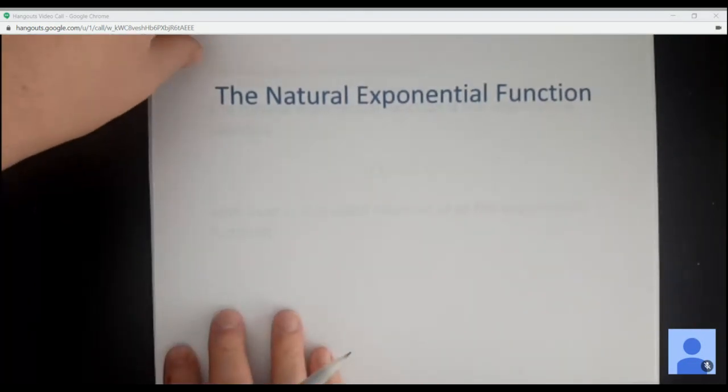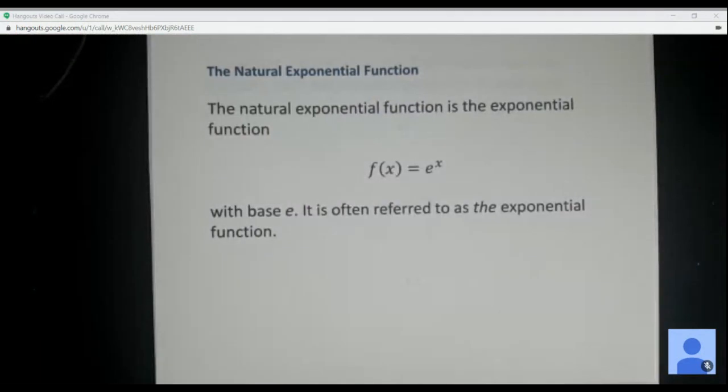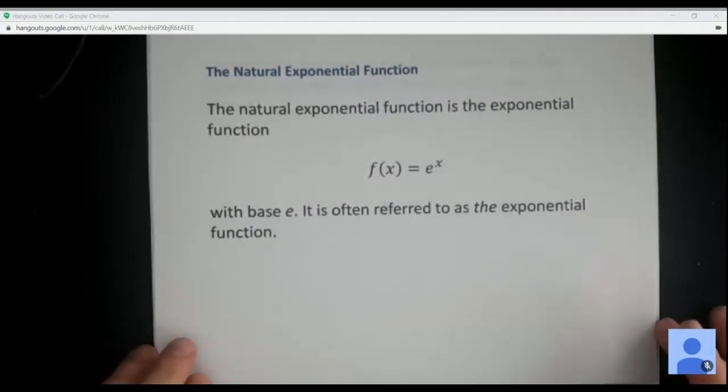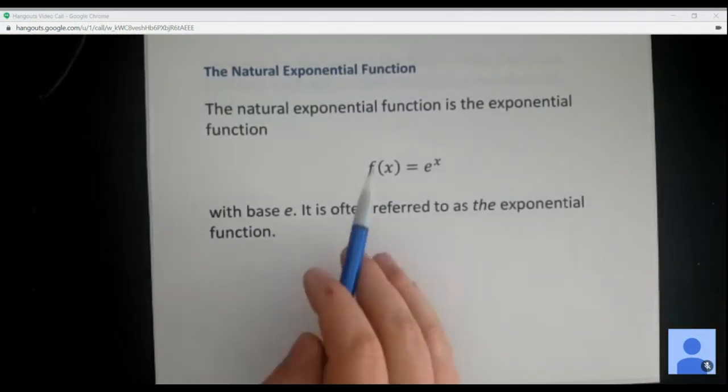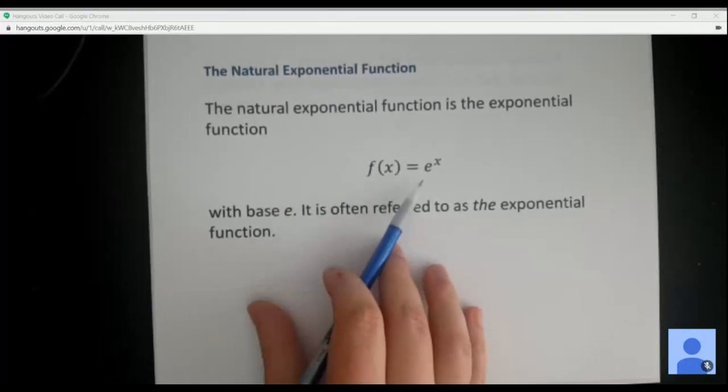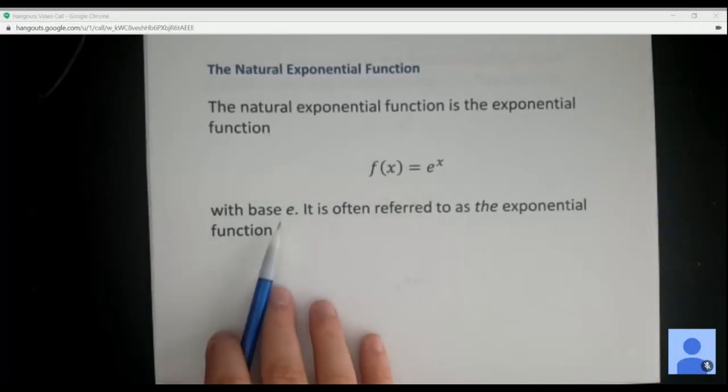And so this is what the natural exponential function looks like. So if we have f of x is equal to e to the x, our base this time is e, and sometimes you'll hear this referred to as the exponential function because this is probably the most common, right? It's the one that occurs in nature the most often, which is why we call it the natural exponential function.